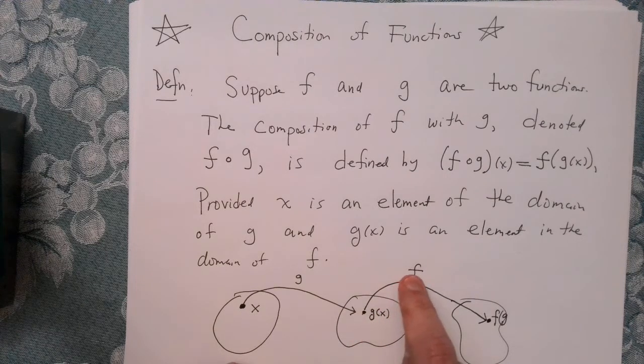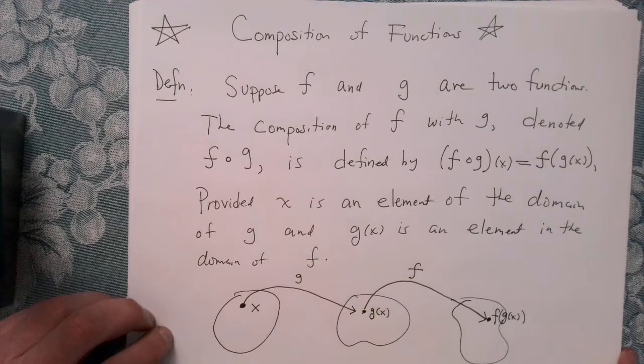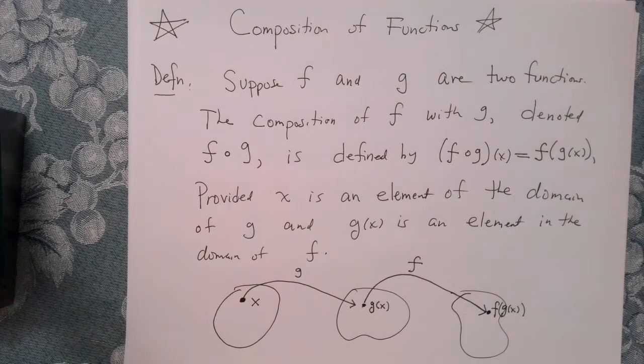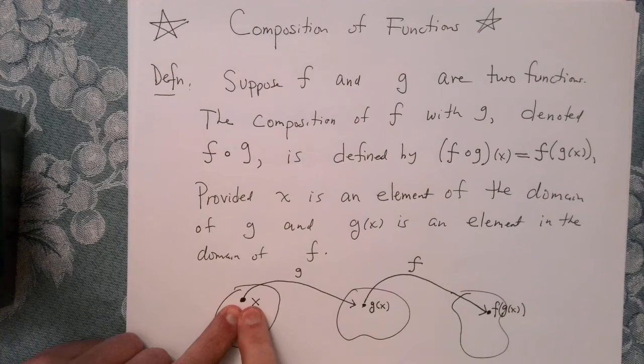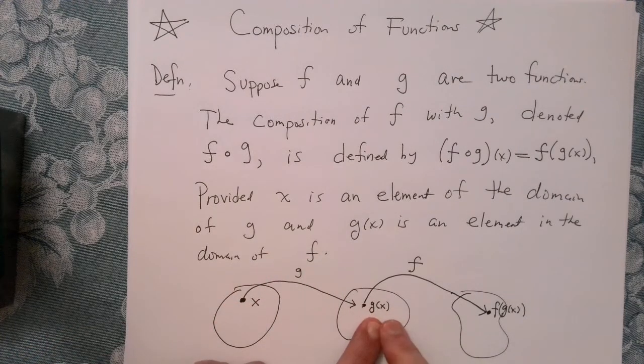So this function takes this, applies a rule to it, and you land here, this output, f of g of x. Okay, so you take an element, apply a function, the output lands here. You take that output, and then you let that be the input of this function. This function takes this, and it lands somewhere over here.